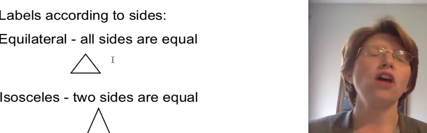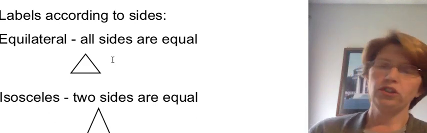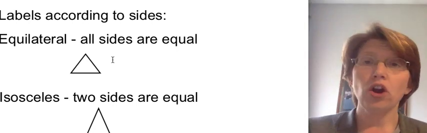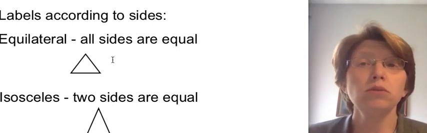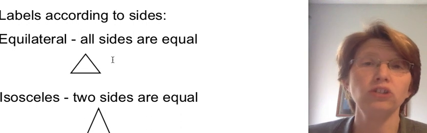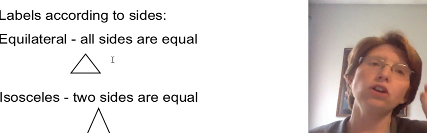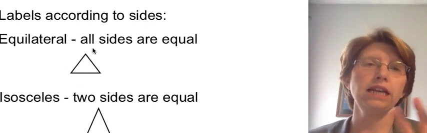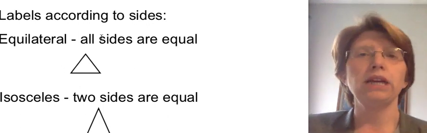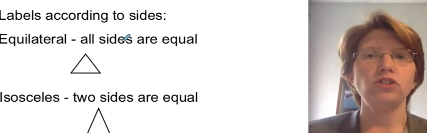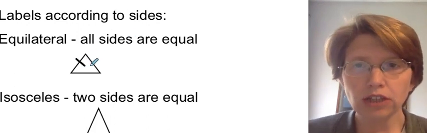Now let's talk about the other way to label a triangle, which they're describing to you here in the purple rectangle there. You can label a triangle according to its sides. So the first one, the green one there, is all sides are equal. Every side is equal. One way you often see of showing that, they don't show you on this page, is they'll just put little slash marks.